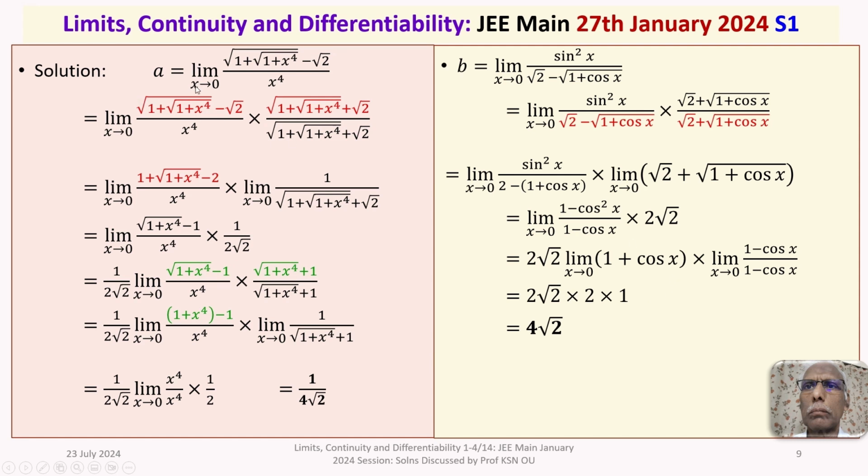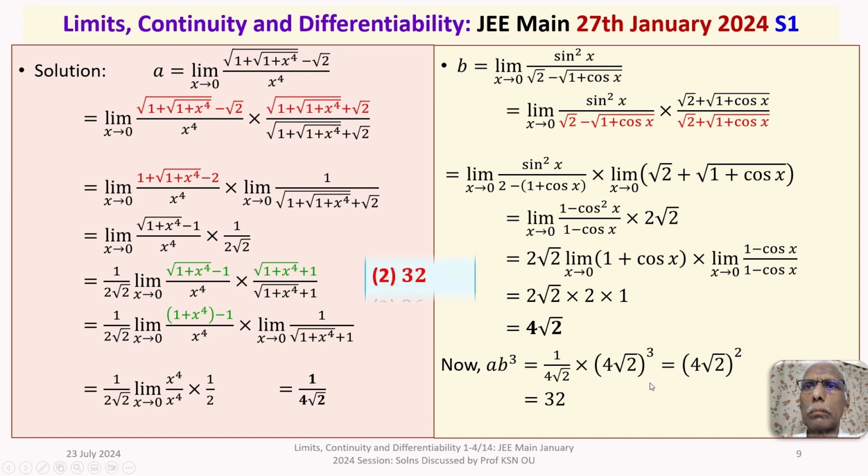So A is 1 by 4 root 2, B is 4 root 2, and we are required to find the value of A B cube. That is A, 1 by 4 root 2, multiplied by B cube, 4 root 2 cube, and 4 root 2 cancels. You will have 4 root 2 square, that is 4 square into 2, that is 16 into 2, that is 32.